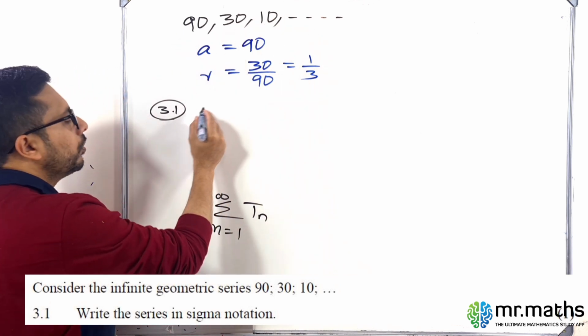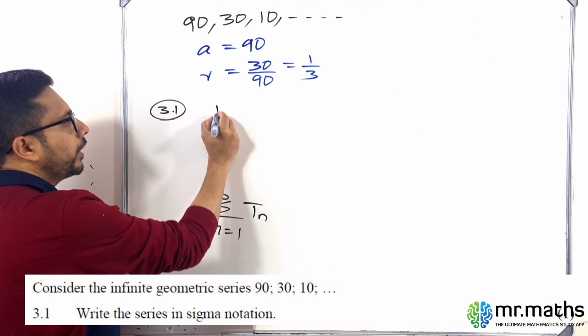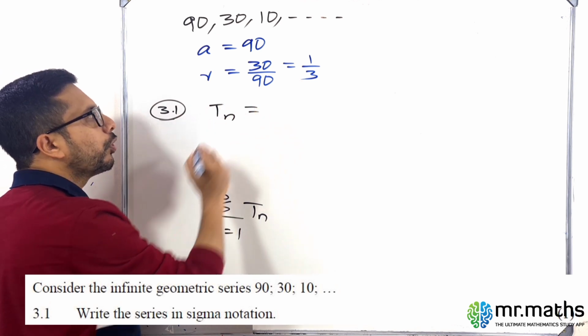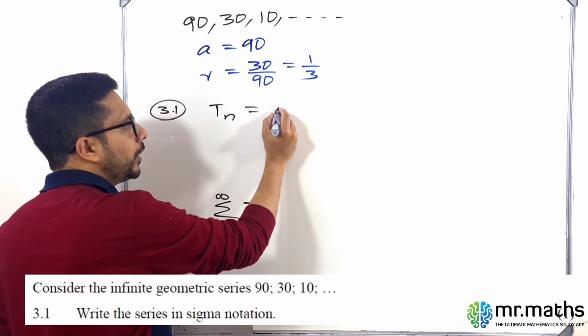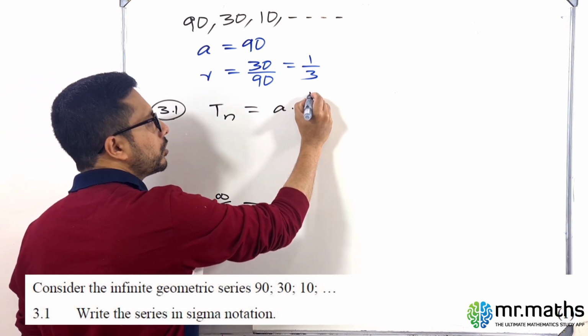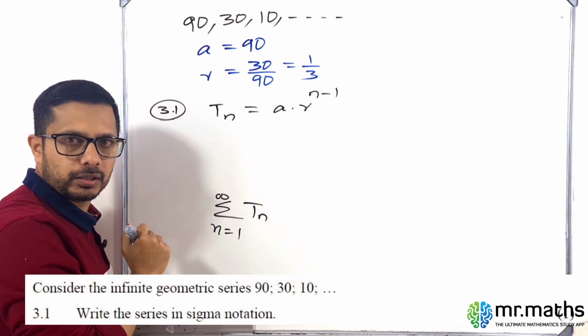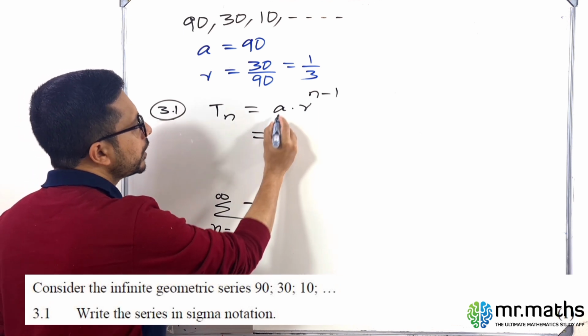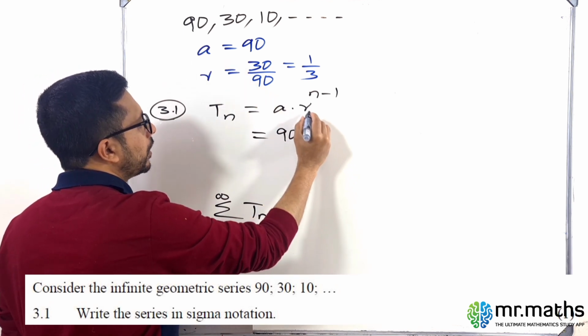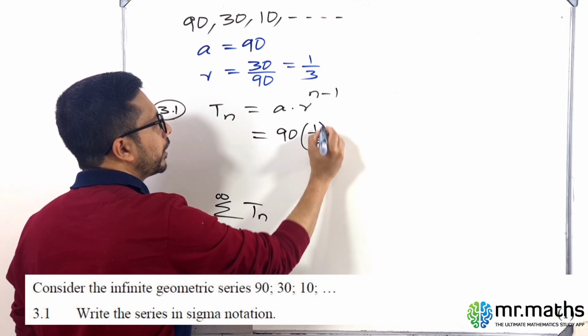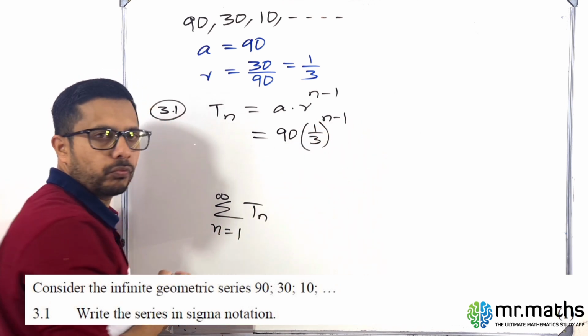So first of all, before we write this one, we can find what is Tn. What is the formula to find the nth term of a geometric series? You studied a formula: a into r raised to n minus 1. So here a is 90, r is 1 over 3, so Tn is 90 into 1 over 3 raised to n minus 1.